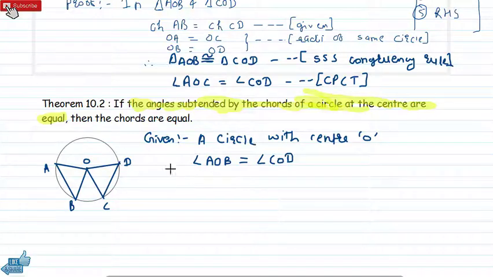Now, what do we have to prove? We have to prove that the chords are equal, see the last one. So chord AB is equal to chord CD. We use the abbreviation for chord.